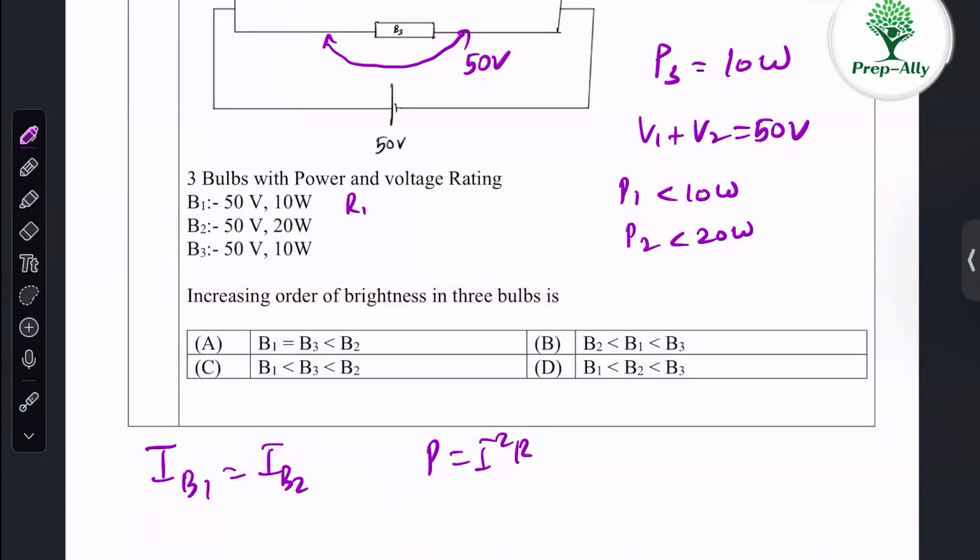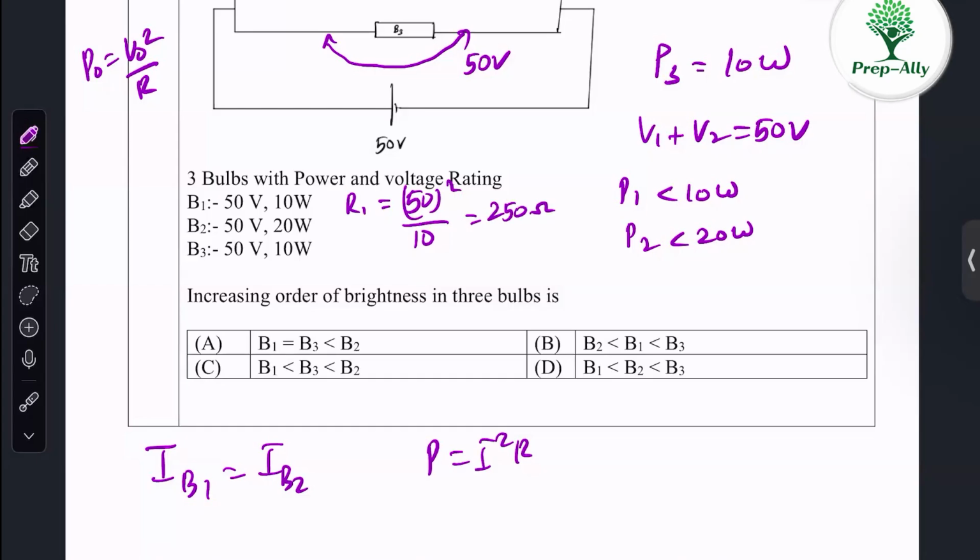Now power rating is voltage rating whole square divided by resistance. So resistance is V naught square by P naught. Voltage rating whole square by 10. So first bulb, this will be 250 ohms.